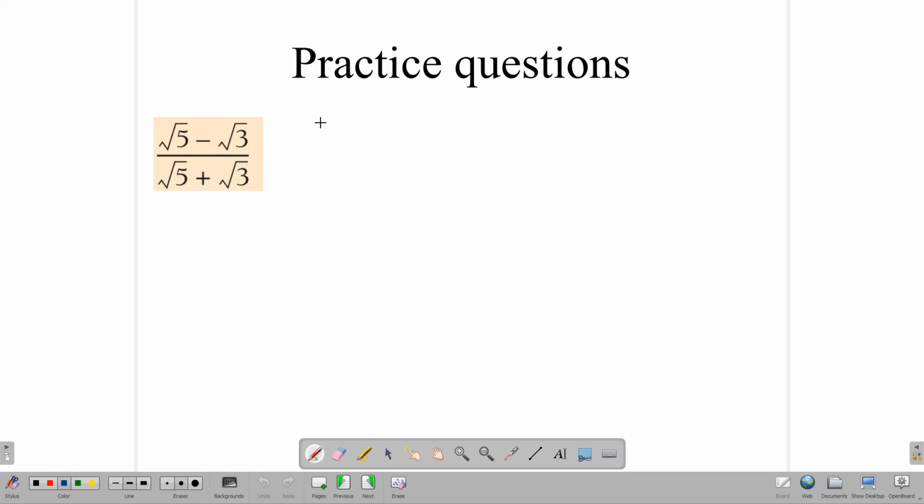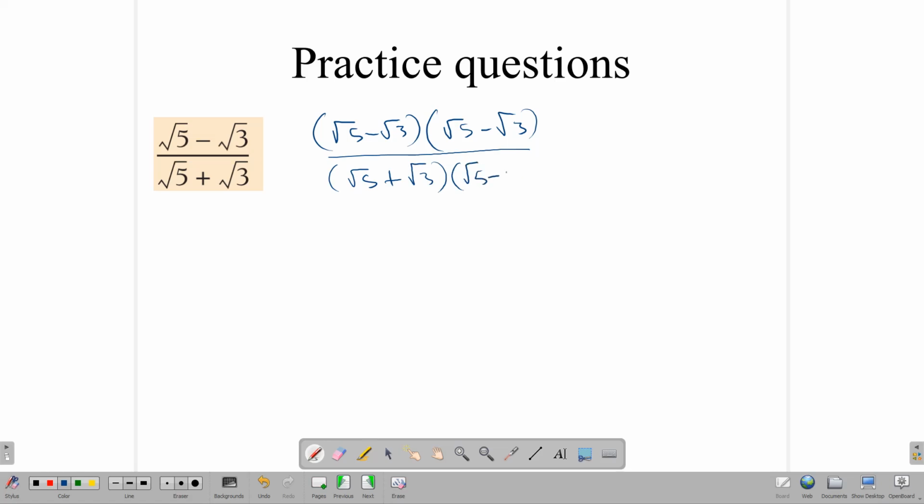In the numerator we have root 5 minus root 3, and we're going to multiply that by root 5 minus root 3, writing down the conjugate, over root 5 plus root 3 times root 5 minus root 3. So we're multiplying the numerator and the denominator by the conjugate of the denominator.